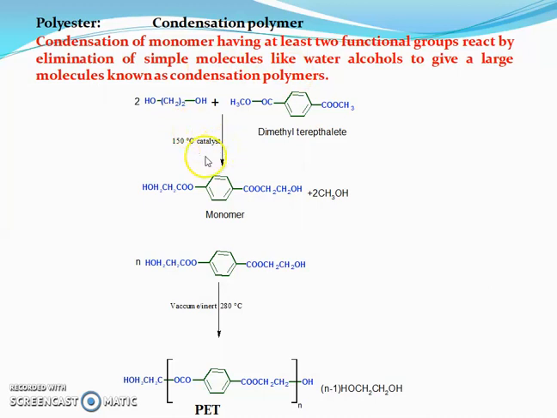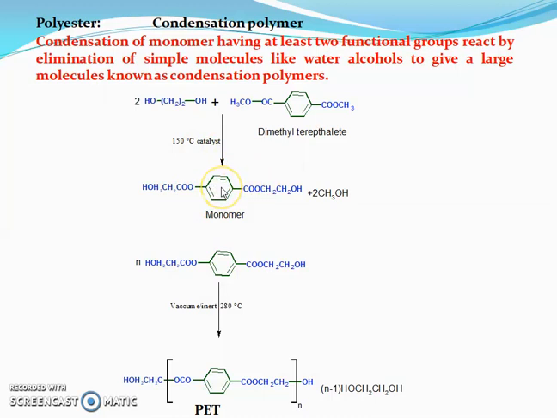The monomer can be prepared by transesterification of ethylene glycol and dimethyl terephthalate, taken in a 2:1 ratio. This is heated at about 150 degrees centigrade using a catalyst to get the monomer.